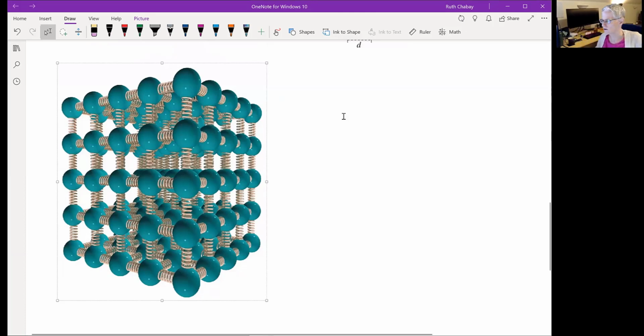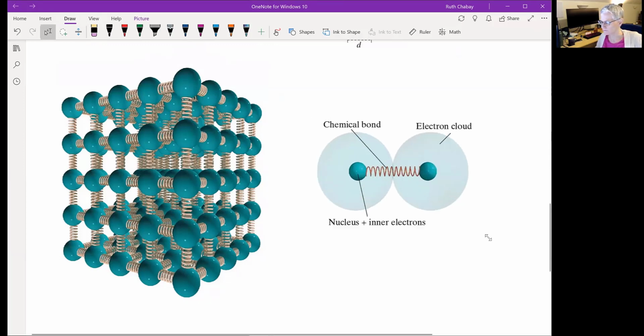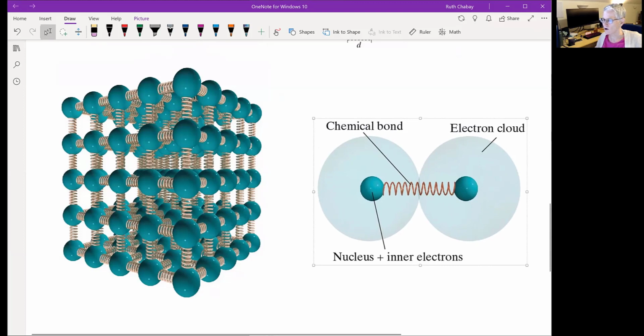What are the springs? Well, the springs are actually just the covalent chemical bonds. These are all images from the textbooks, so you can find them there. They're covalent chemical bonds that connect the atoms to each other.